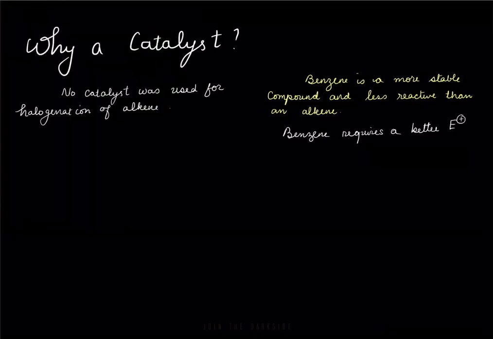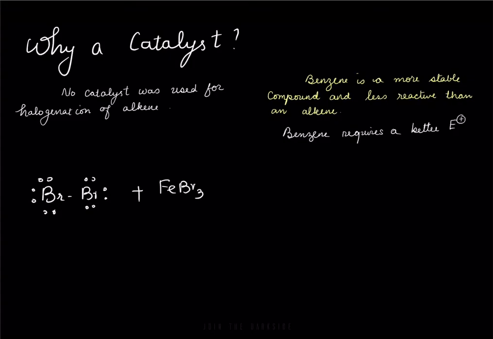Now let's see how a better electrophile is formed by adding Lewis acid catalyst. So the bromine molecule, Lewis dot structure is going to look like this. Now when reacted with a Lewis acid catalyst, the bromine will use its lone pair of electrons to form a bond with Fe.